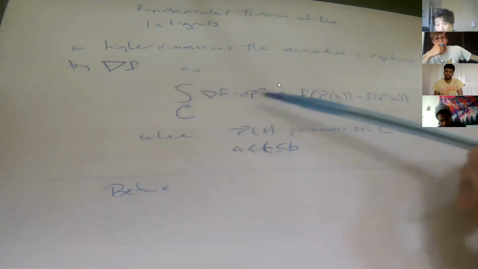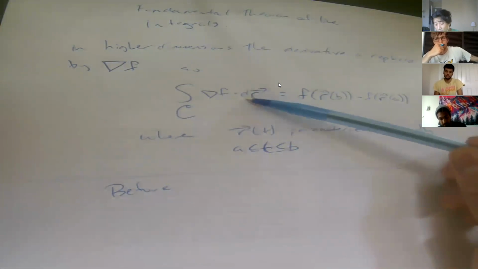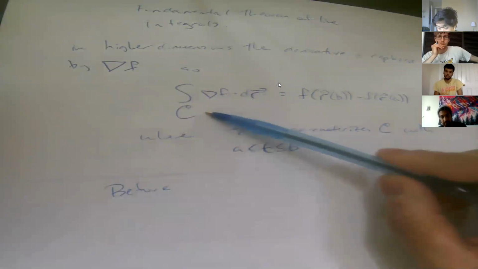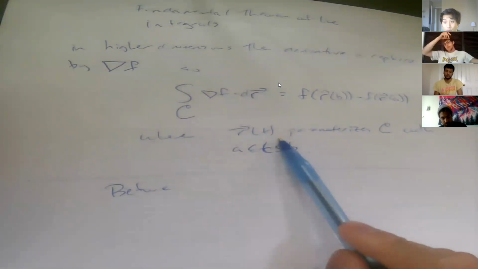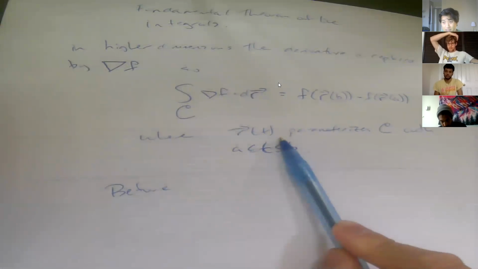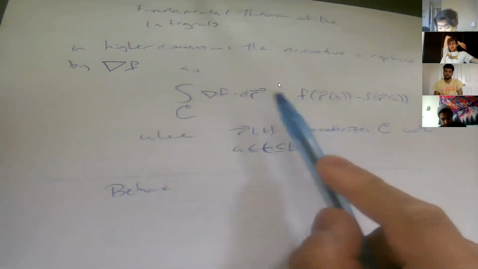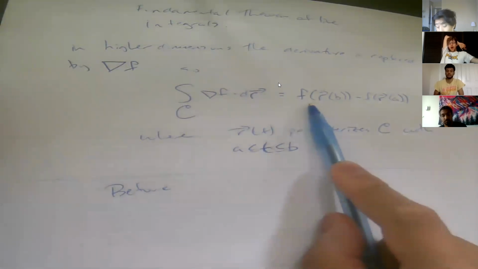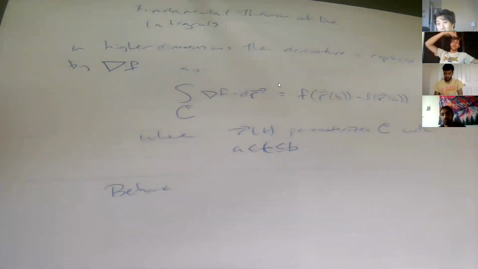We just computed one just like this in that homework problem you talked about. So if we have a parameterization of C, we don't need to compute the derivative and take the dot product and actually evaluate this integral. All we need to do is find the function that this is the gradient of, and then evaluate that function on the ends of my curve.